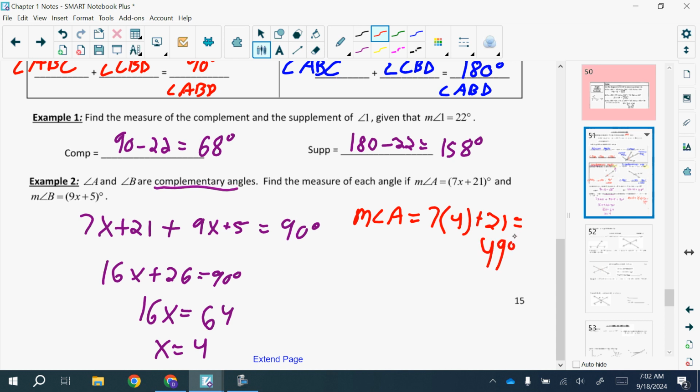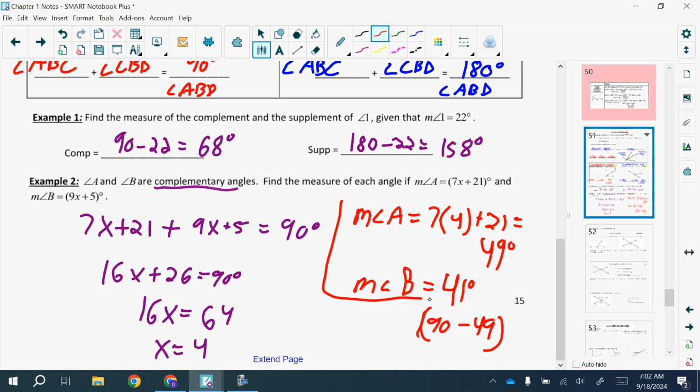Now for measure of angle B, you can again just plug x in to be 4, or since you know they're complementary, just subtract 49 from 90. So 90 minus 49, you get 41 degrees. Or again, just plugging in x to be 4.